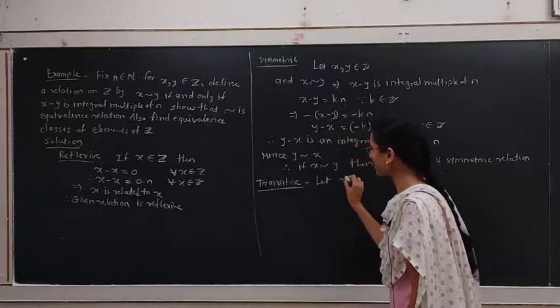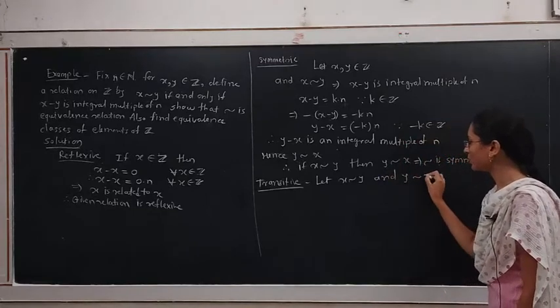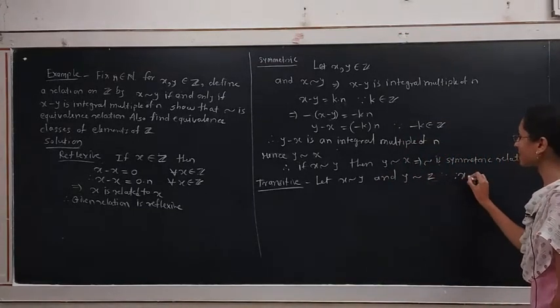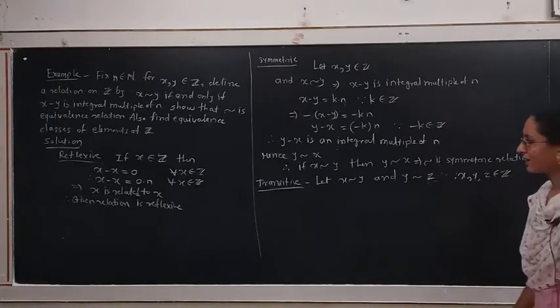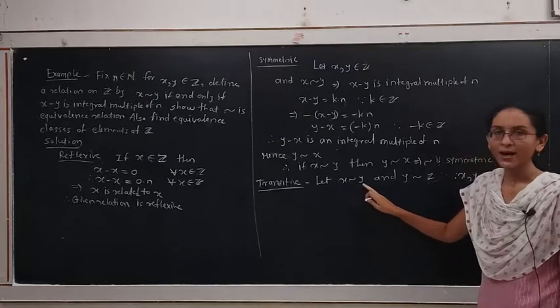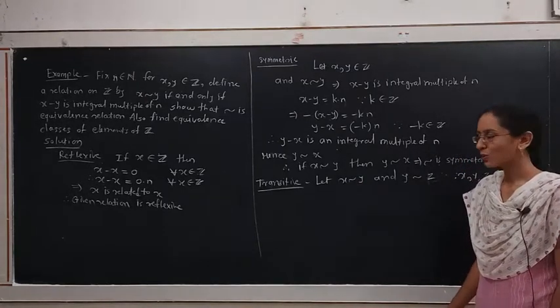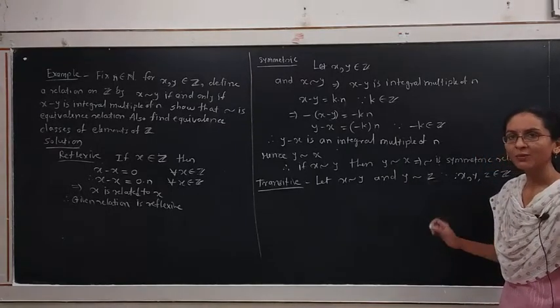Let x be related to y and y be related to z, where x, y, z belong to the set of integers. As x is related to y, this means x minus y is an integral multiple of n. Also, y is related to z, means y minus z is an integral multiple of n.